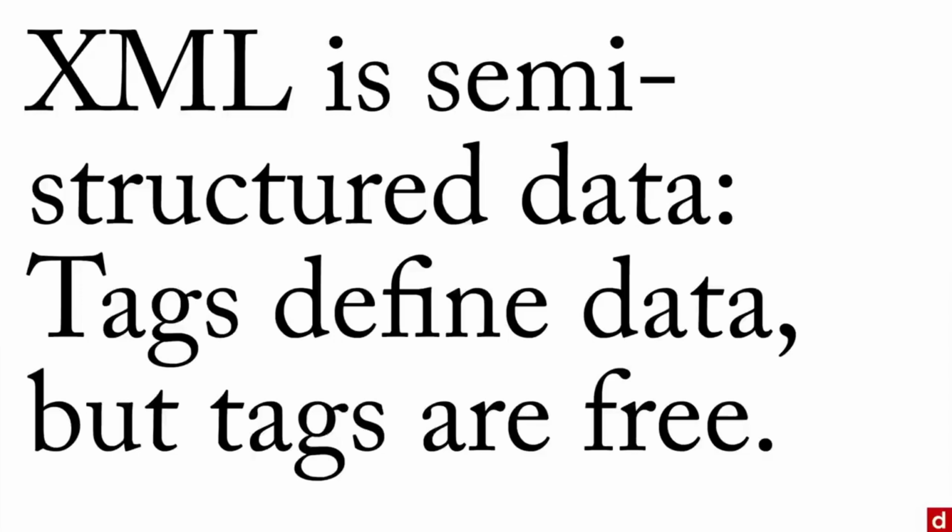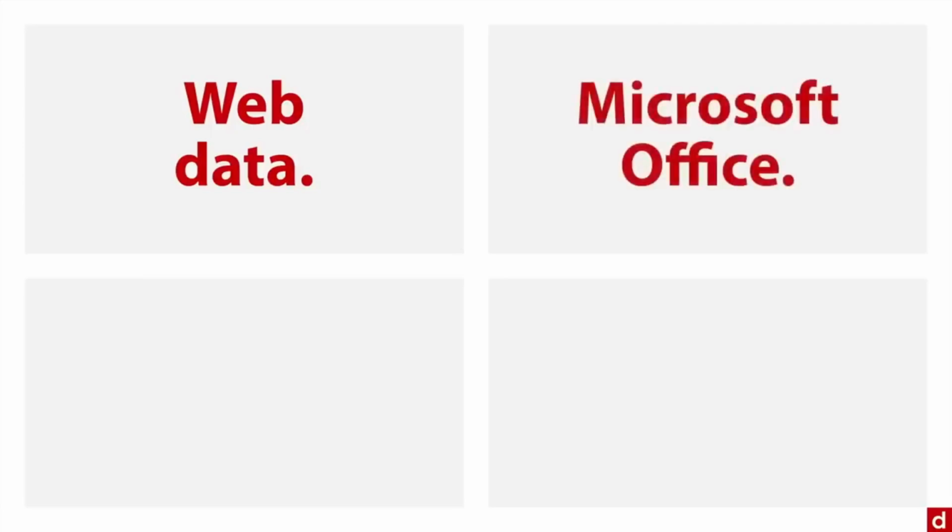And so you have this enormous flexibility in there, but you're still able to specify it so the computer can read it. Now, there's a couple of places where you're going to see XML files. Number one is in web data. HTML defines the structure of a web page, but if they're feeding data into it, then that will often come in the form of an XML file. Interestingly, Microsoft Office files, if you have docx or XLSX, the X part at the end stands for a version of XML that's used to create these documents.